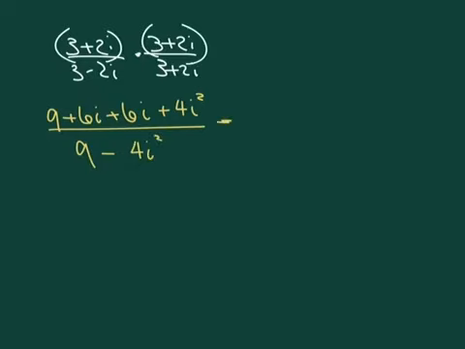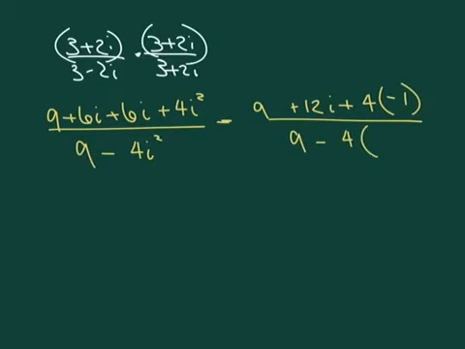And then that gives us 9 plus 12i. Oops, sorry, this isn't an i there, is it? Plus 4 times negative 1, replace i squared with negative 1. 9 minus 4, replace that i squared with negative 1.